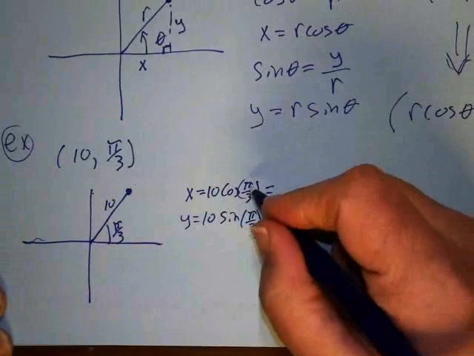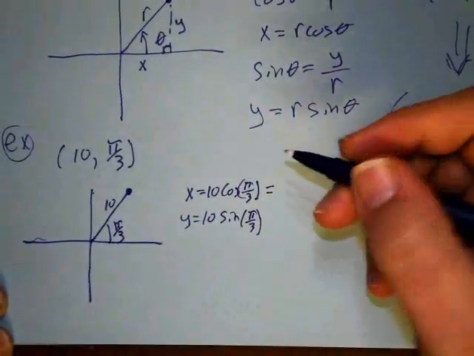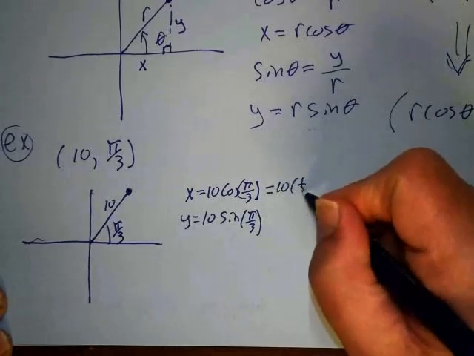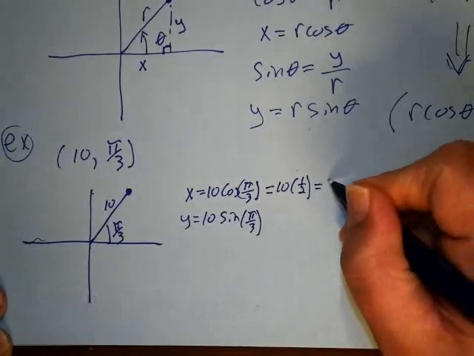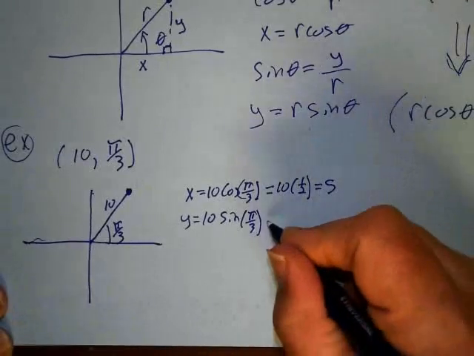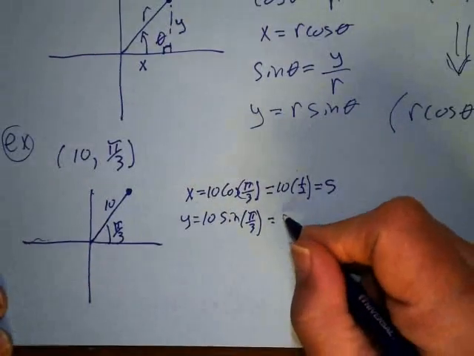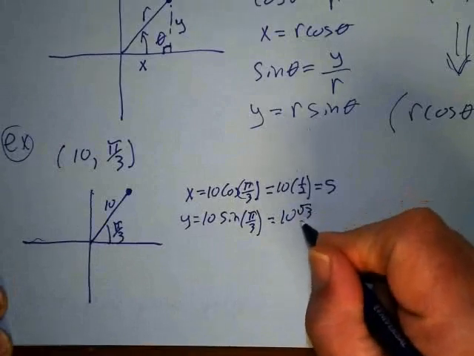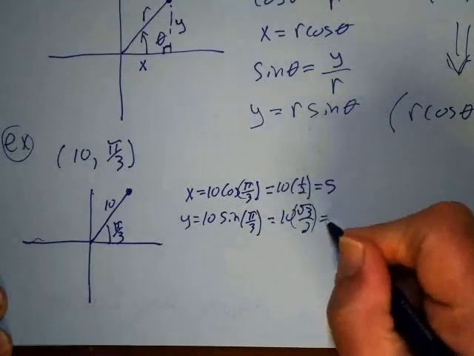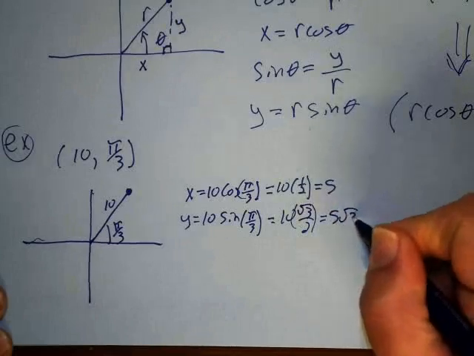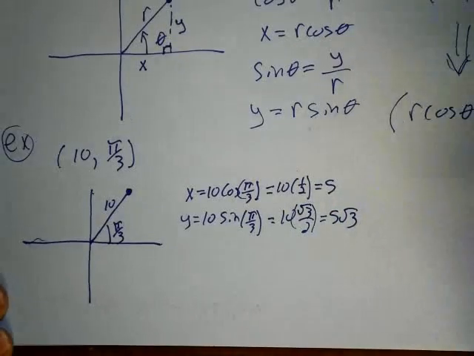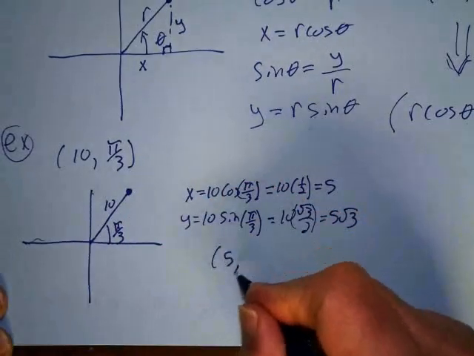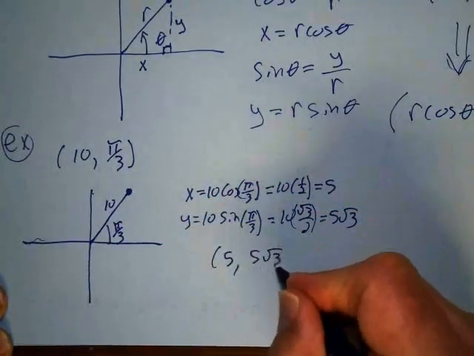The cosine of pi over 3 is 1/2, so this would be 10 times 1/2, which is just 5. And then sine of pi over 3 is square root of 3 over 2, so 10 times square root of 3 over 2 would be 5 square root of 3. And so this ordered pair would be 5 and 5 square root of 3.